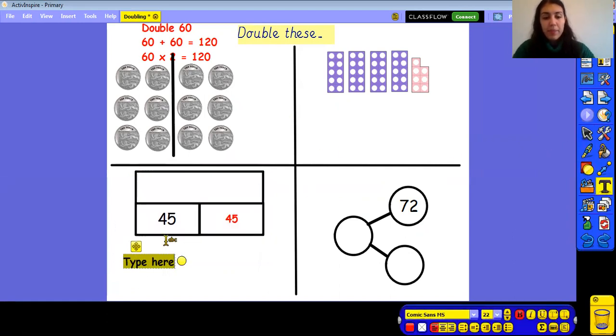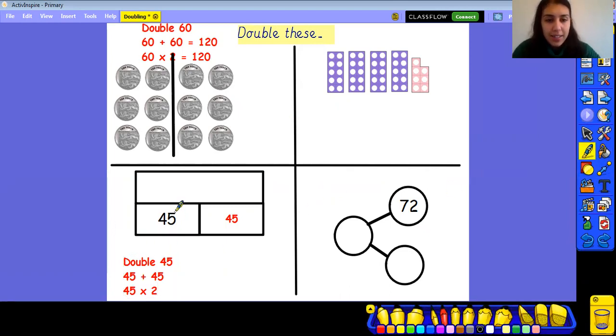Now just type this out. Double 45 is the same as doing either 45 add 45 or 45 2 times. So I can see that it ends in a 5 here. So I know that these two 5s are going to make a 10.